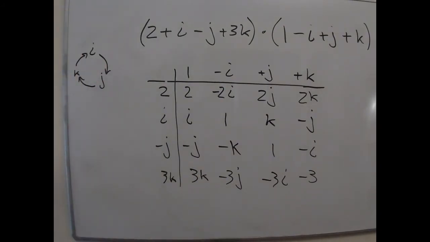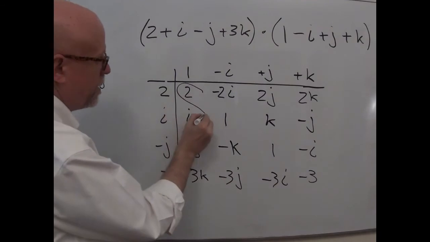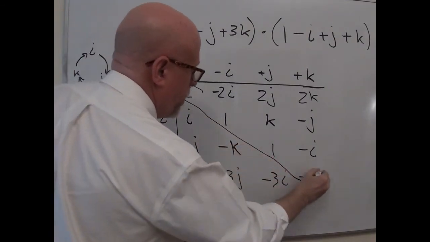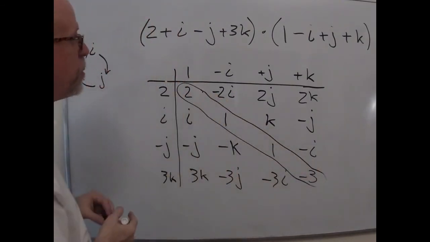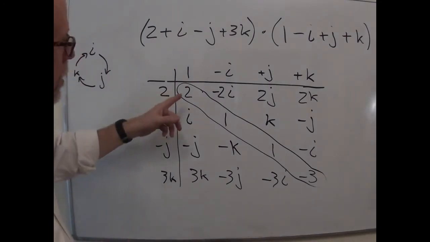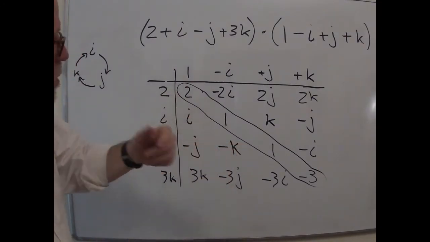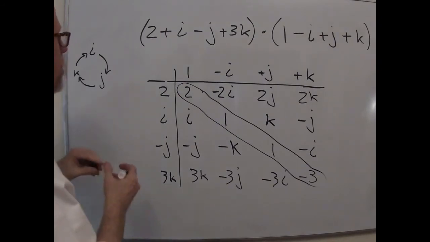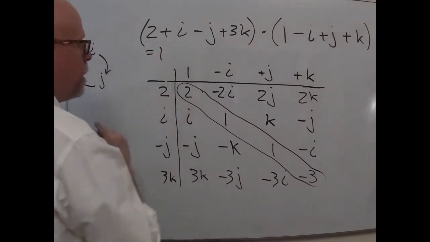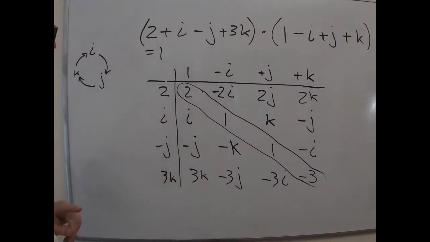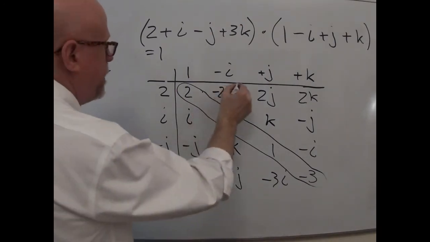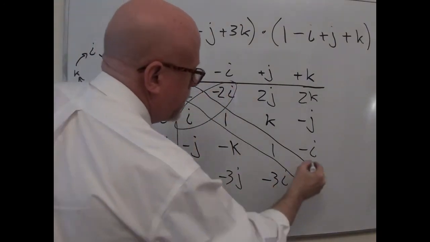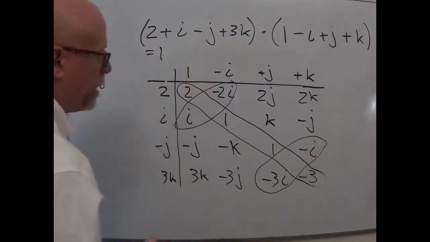The things that are like terms, that have the same i, j or k on them, are in predictable locations. So it's not quite as easy as working with polynomials, but you see all the real numbers are right there. So it's going to be 2 plus 1 plus 1 plus minus 3. It ends up just being a 1. The things that have i's in them are in little back diagonals here.